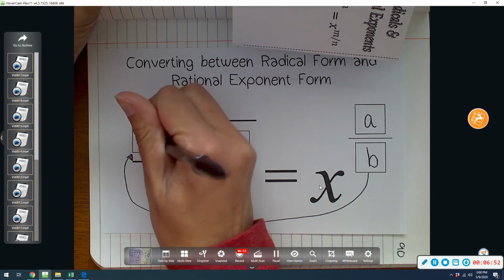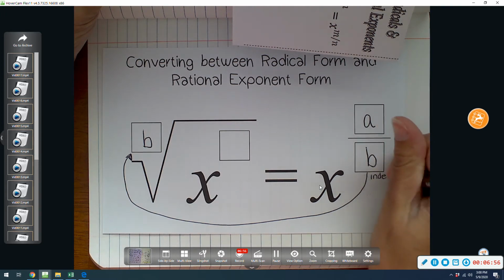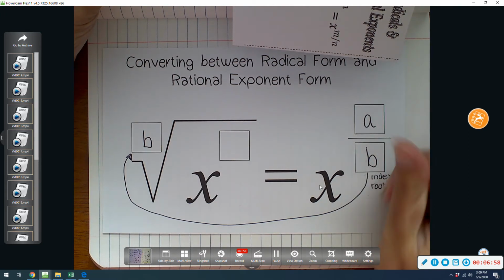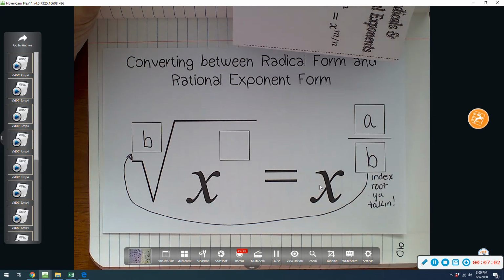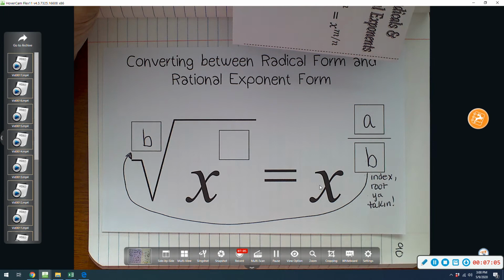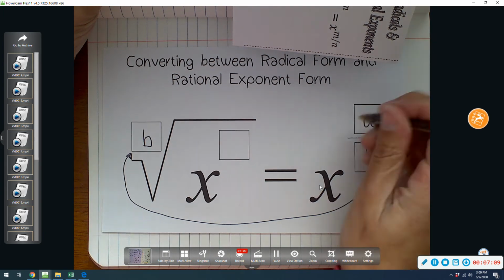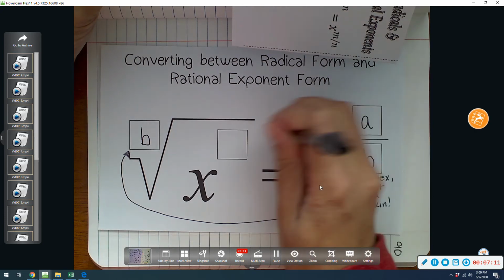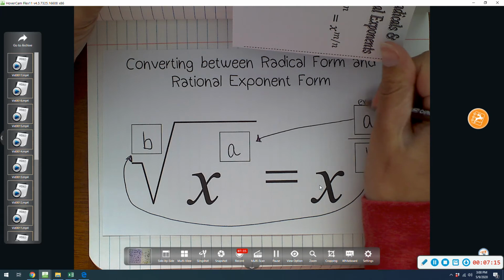So this tells me my index. What root are you taking? And then a, the numerator, stays with that x and becomes your exponent. So a is the exponent that you're doing.